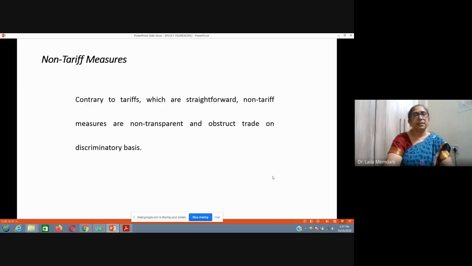So they are discriminatory. We are discriminating on goods and the countries. From other country, that good is allowed. From so and so country, it is not allowed. So under WTO norms, non-tariff measures are not permitted.